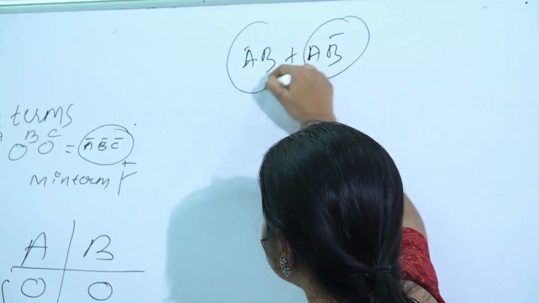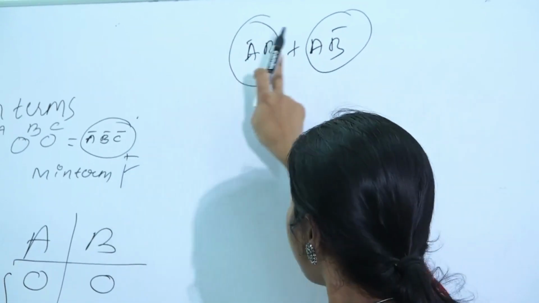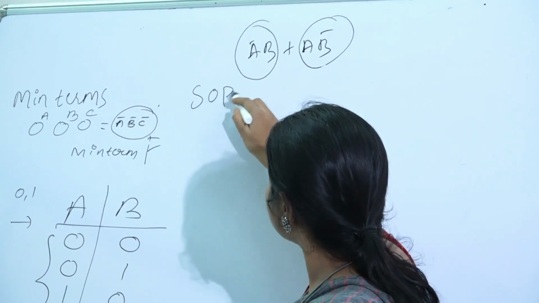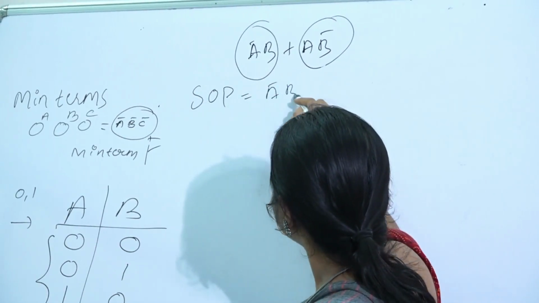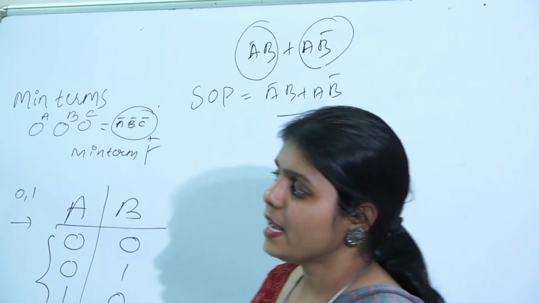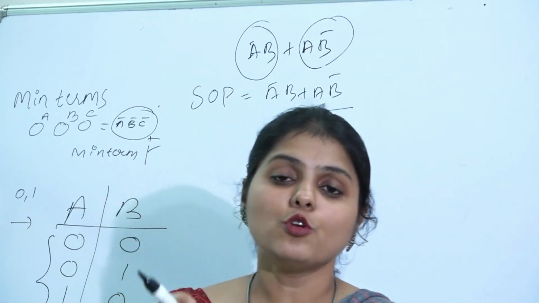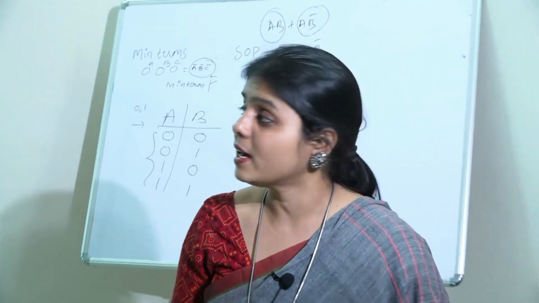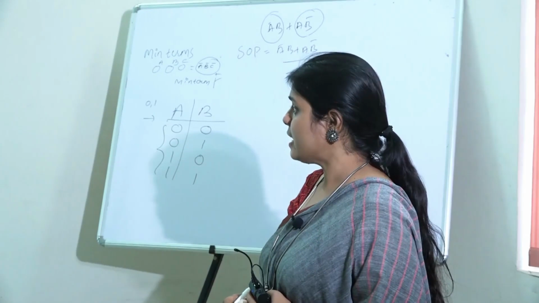This is another product term which is called minterm. ORing these two product terms into a sum of product, that is A bar B plus AB bar, this is called the canonical SOP form. The Boolean function which is formed by ORing the product terms is called canonical SOP form.